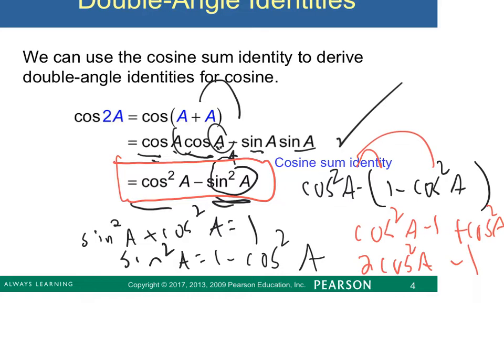Even though I like the other one, this is the go-to one that I always will write down. Because what it does is it takes the double angle, and A is actually half of that double angle, whatever angle was there. And this is easy to write, and this is also easier to do in my head.